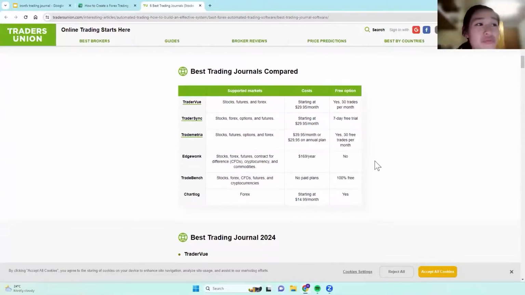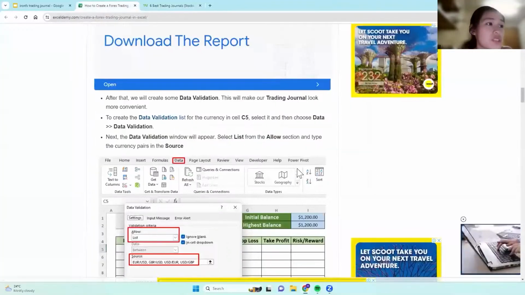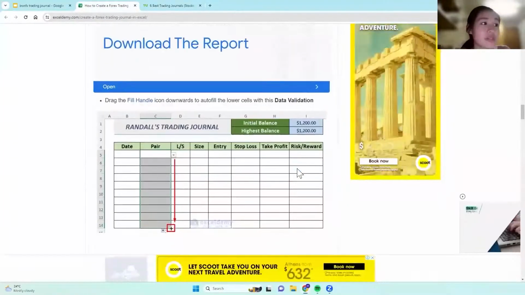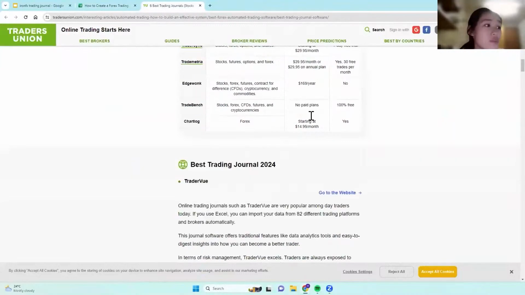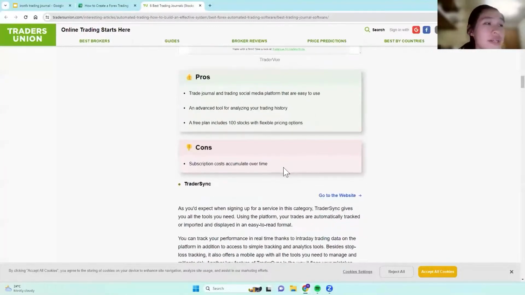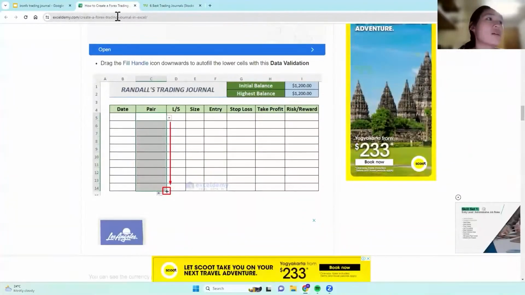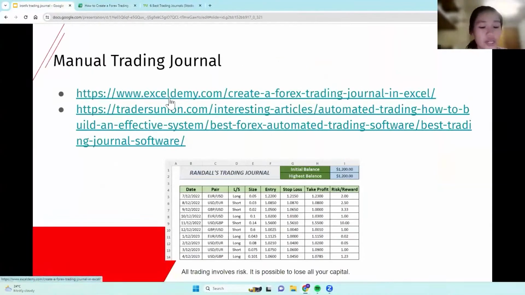Okay, there are some which are free and some that you have to pay for. Okay, so the manual option is obviously free since you have to set up the table yourself. So it's really up to you and your own trading strategy. Okay, so you can go ahead and take a look at these two websites. Yeah, I'll go ahead and pop these two websites in the chat as well.